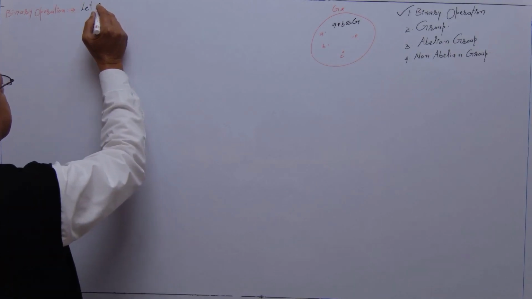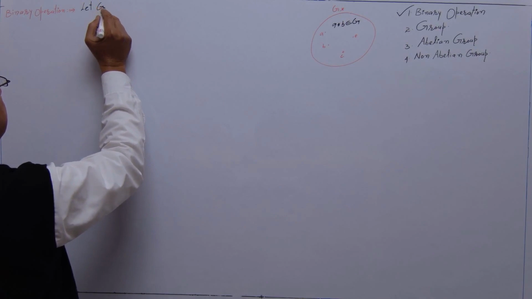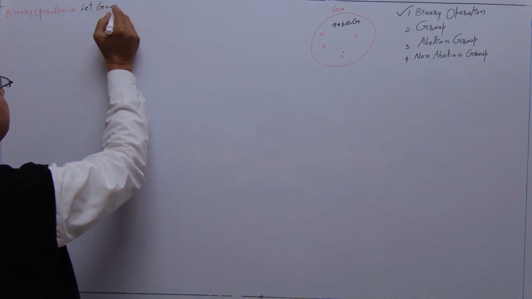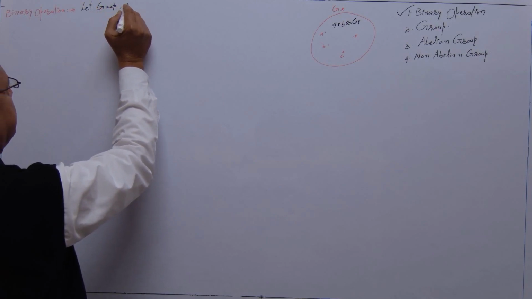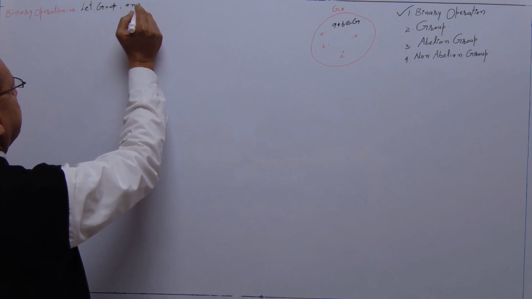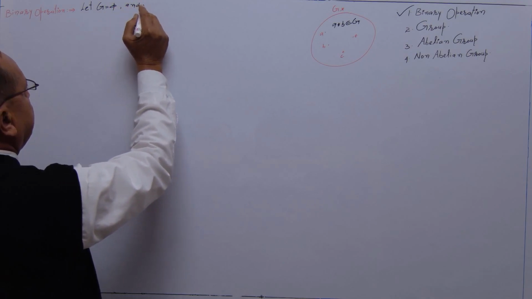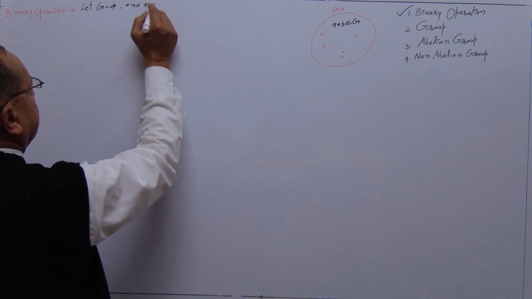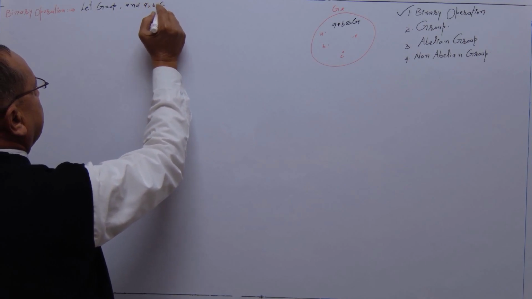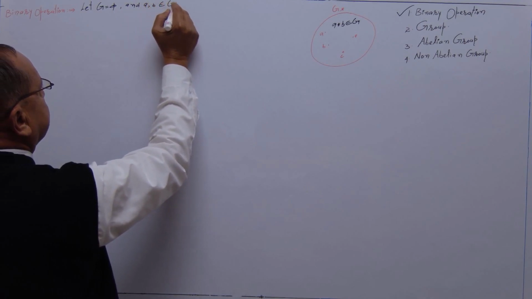Let G be a non-empty set phi and a and b be its elements.